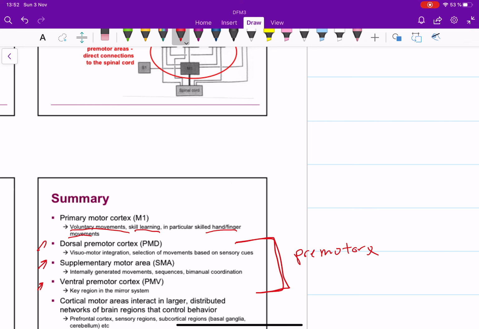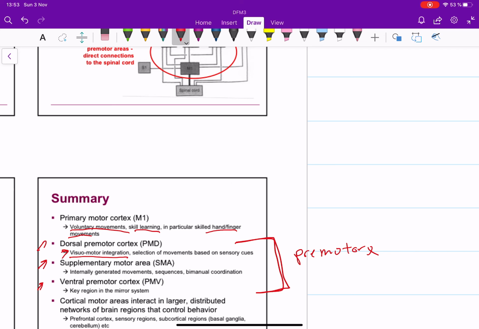Let's begin with the dorsal premotor cortex, which is responsible for visual motor integration and selection of movement based on sensory cues. We said that its location allows it to do this role, visual motor integration.